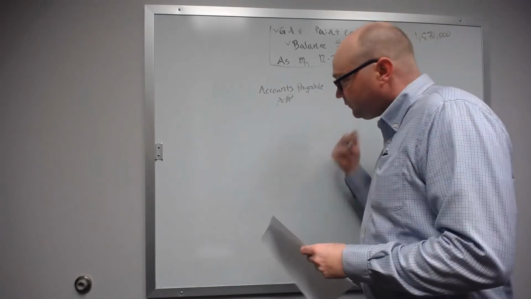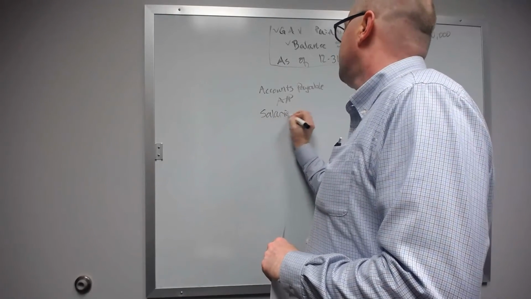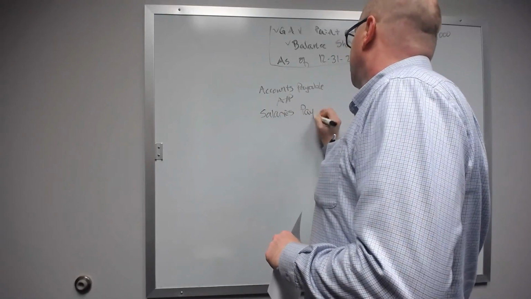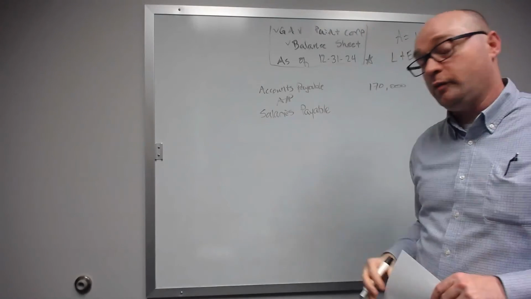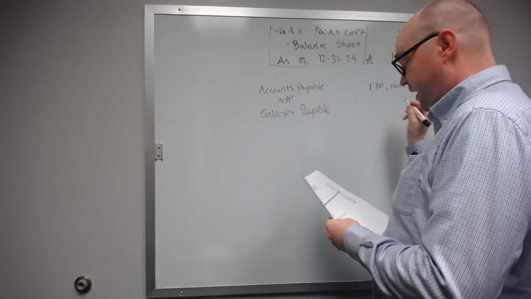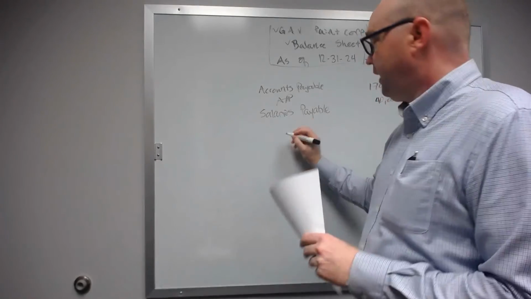So that's accounts payable. Next one we've got is salaries payable. Kind of the same concept, right? These are salaries that we owe to our employees that they've earned that we've not yet paid them. We can see that one is $40,000. Next one, we've got interest payable.